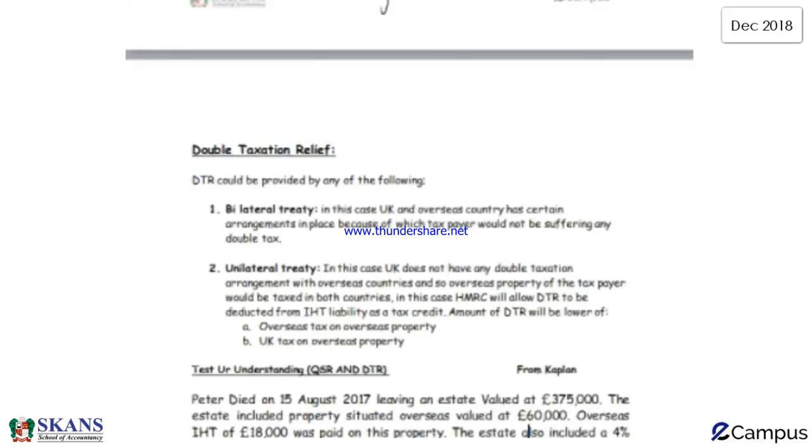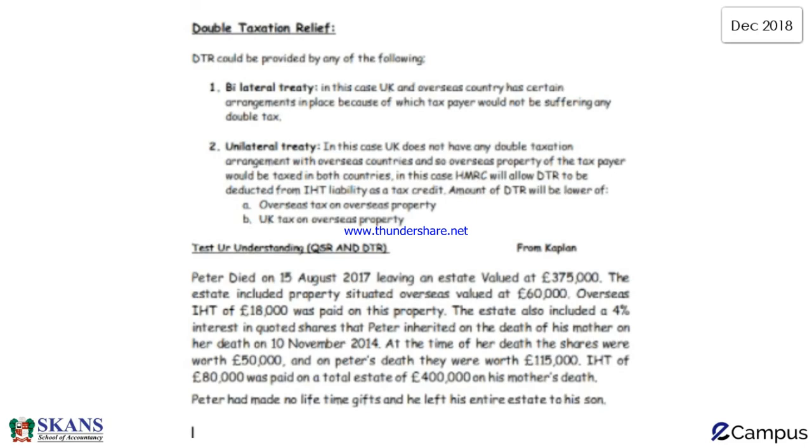Well, moving on to double taxation relief. That would depend upon whether we have a bilateral treaty with the country where our overseas property resides or we don't. If we have that, in the exam, we will be provided with whether that overseas country has a bilateral treaty or not. If there is one, you should read the treaty, because in that case this property would not be taxed twice, as the treaty would allow it to be taxed in only one of the countries, and candidates must find out by reading what the treaty given in the exam says.